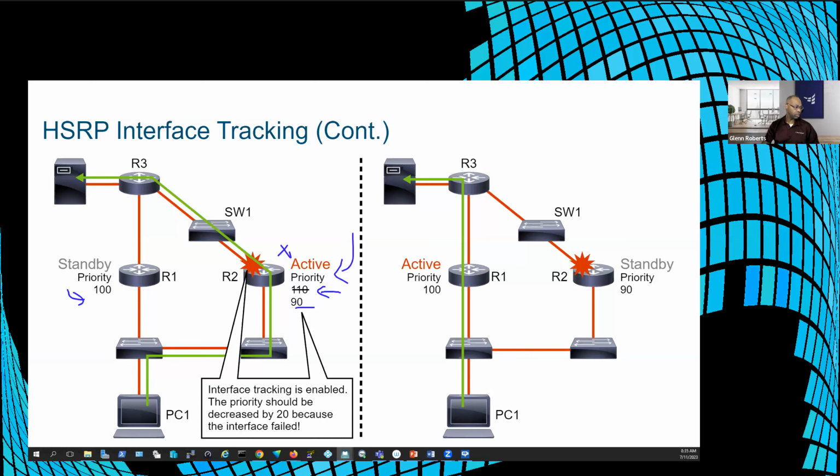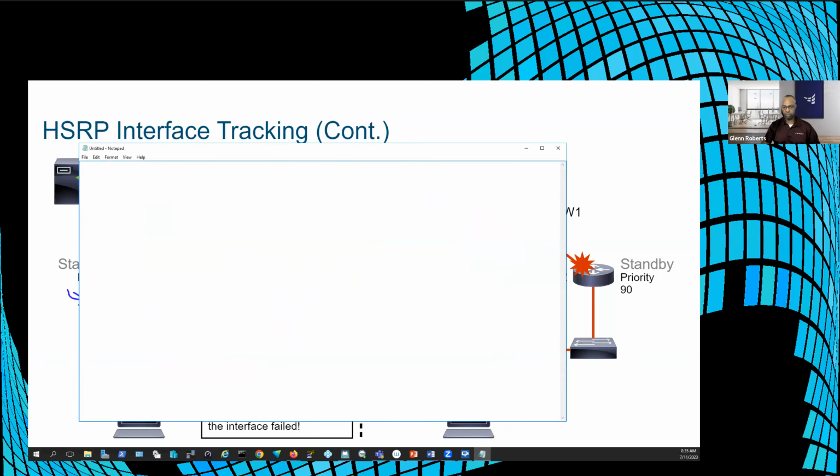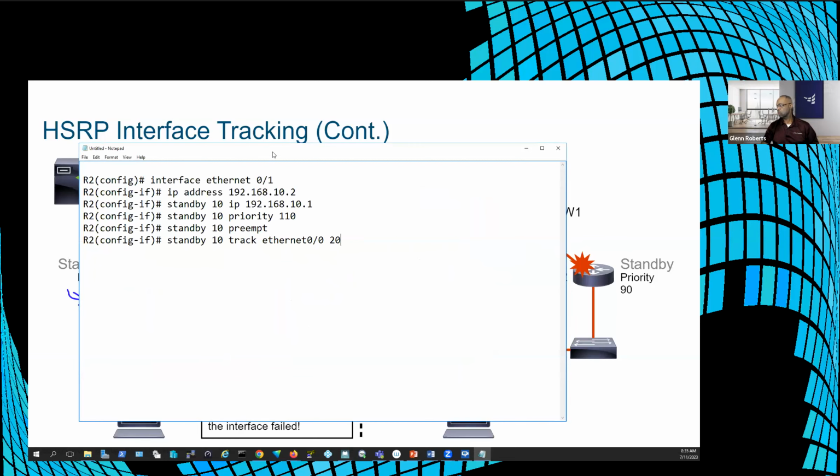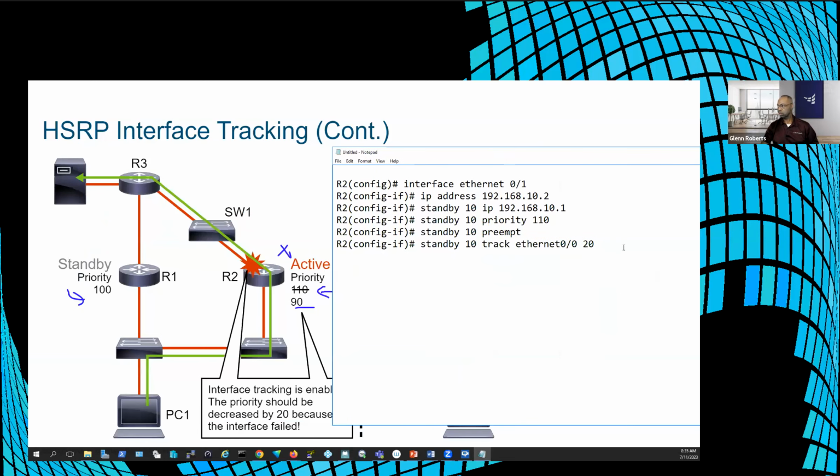Give me a second here. You will have to configure it. And it's going to look like this. On router 2, you got E1, 192.168.10.2.